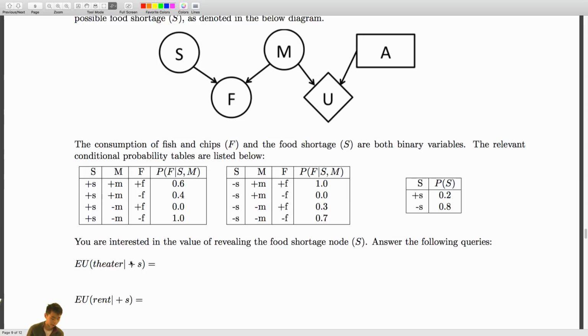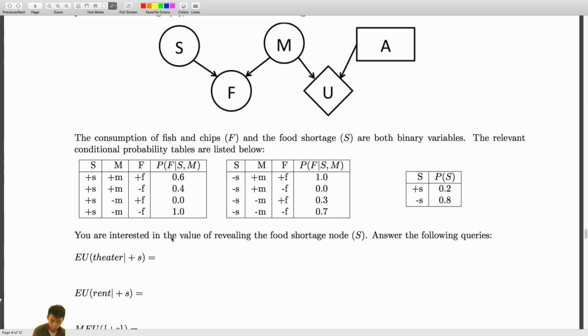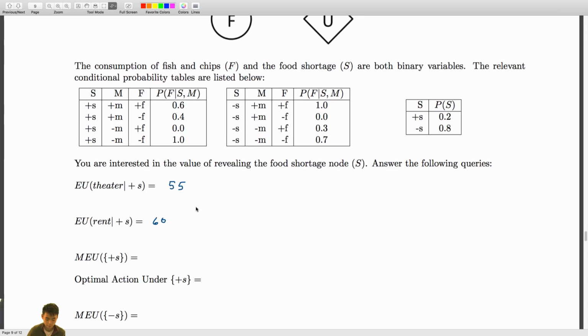So the expected utility is actually the same. It's just the exact same quantity as from part A. So this is 55. This will be 60.